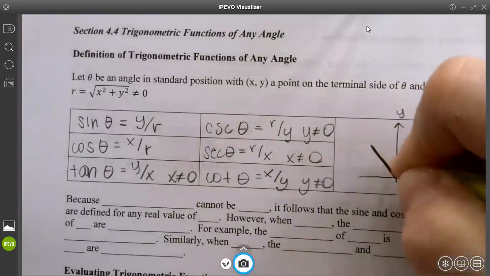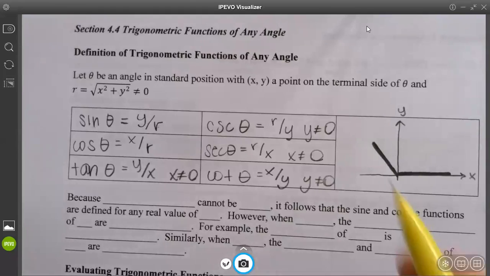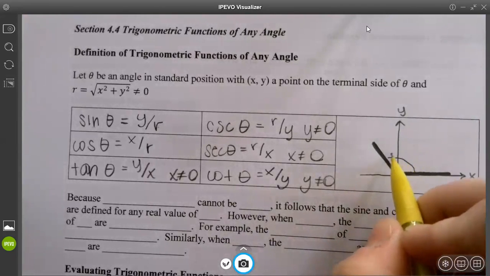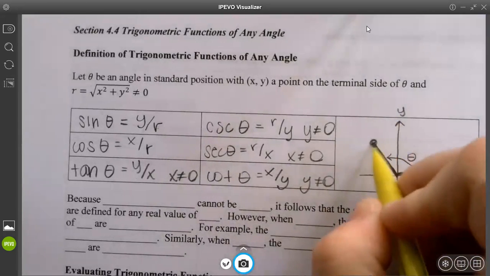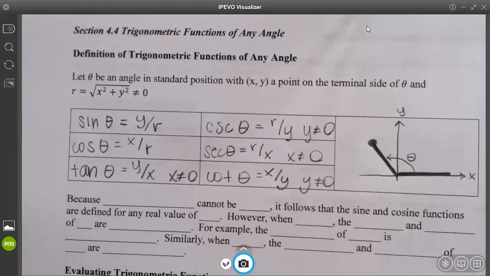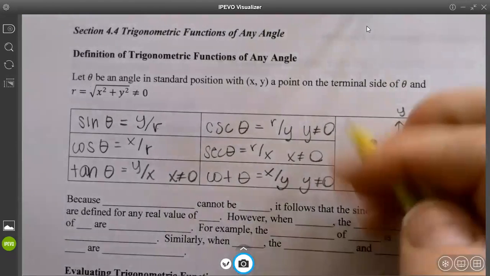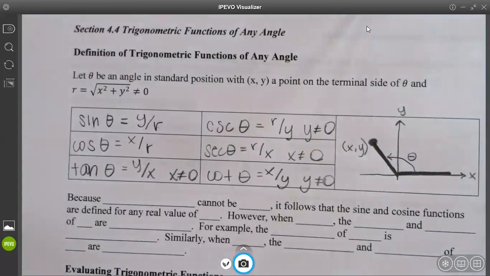Remember, that's where we start. And then here's the terminal side of my angle, because it's where we end. That is going to be our theta. This point can be anywhere on this terminal side. But that will be your X and your Y that all of this is referring to.